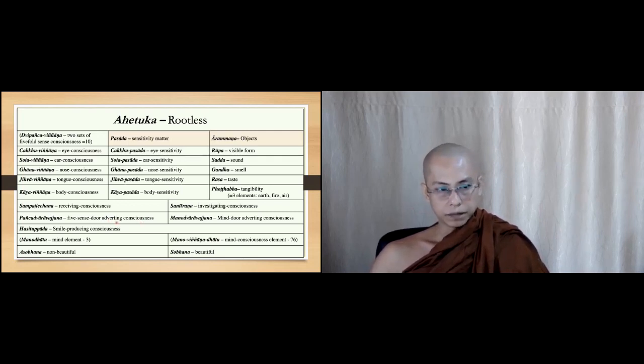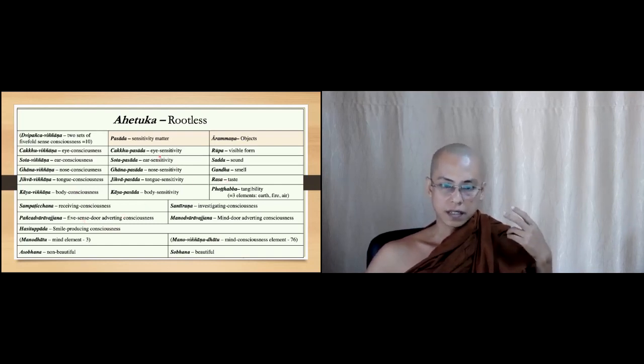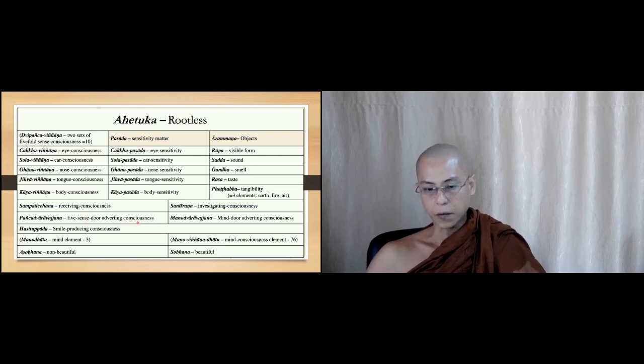So before the 5 types of consciousness arise, when the objects are introduced to the 6 sensitivities, 5 door adverting consciousness arises. We will understand this in the Ahetuka study. Okay, then Manodvara Vajjana. There are 6 doors for the arising of mind.